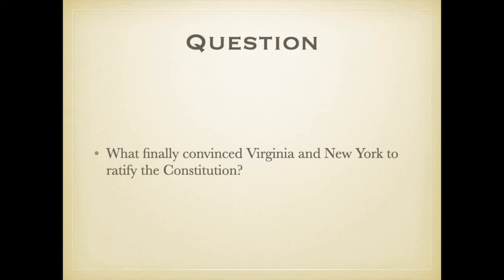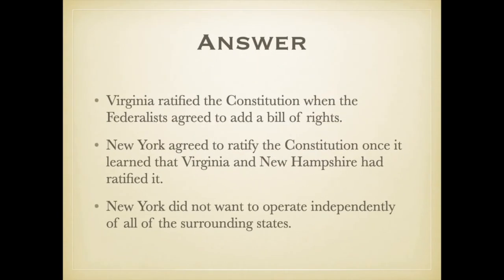Question: What finally convinced Virginia and New York to ratify the Constitution? The answer: Virginia ratified the Constitution when the Federalists agreed to add a Bill of Rights.